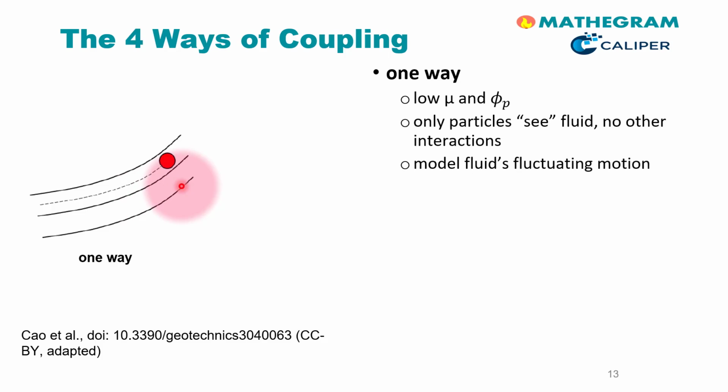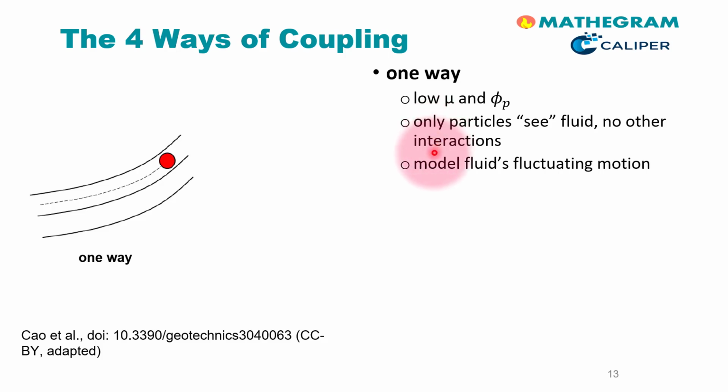Such a coupling strategy is adequate for both low mass loadings and low particle volume fractions phi-p. One-way coupling means that only particles see the fluid, but no other interactions, e.g. the effect of the particles on the fluid or particle-particle collisions, are accounted for.